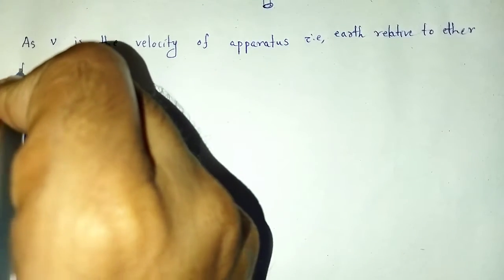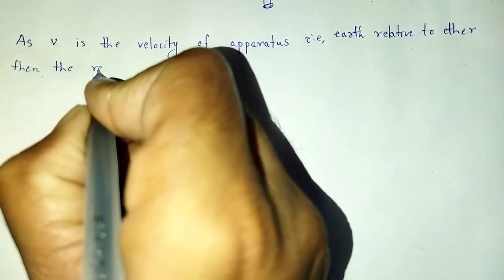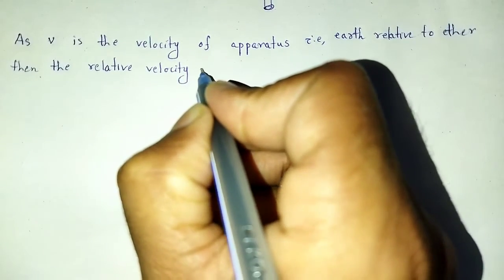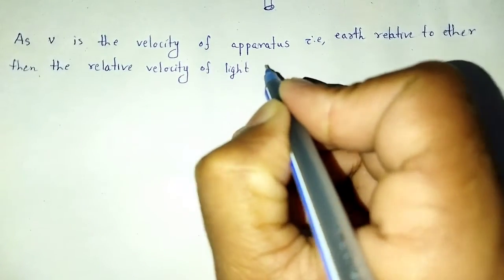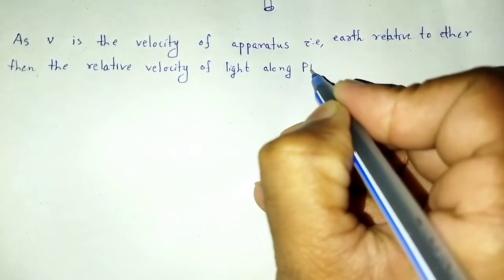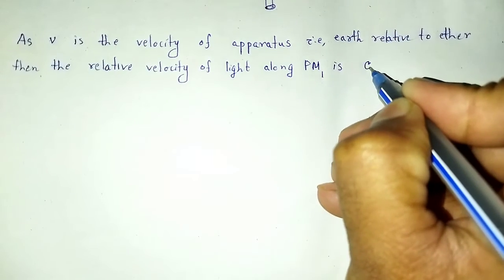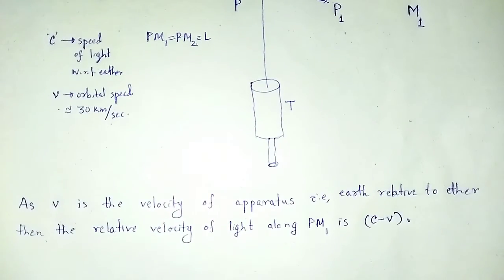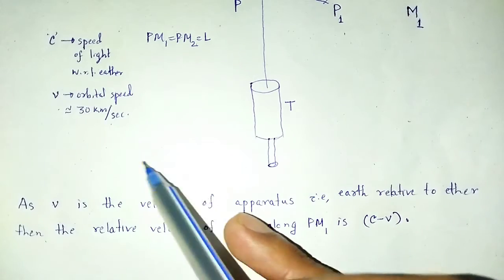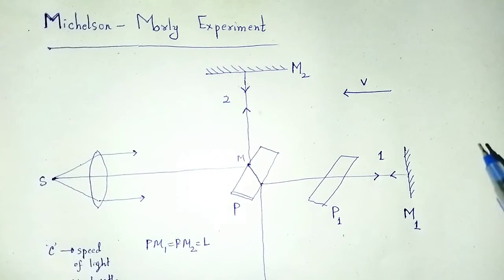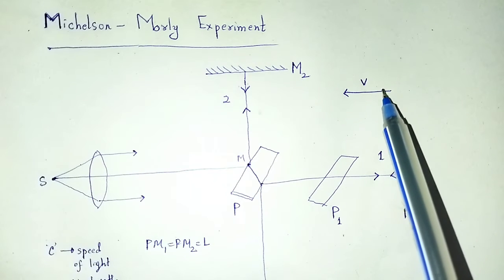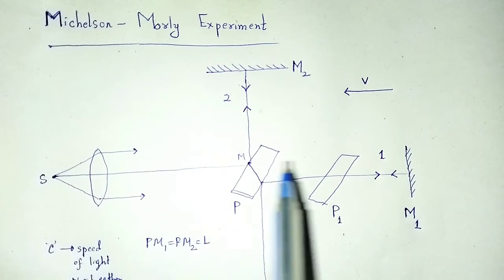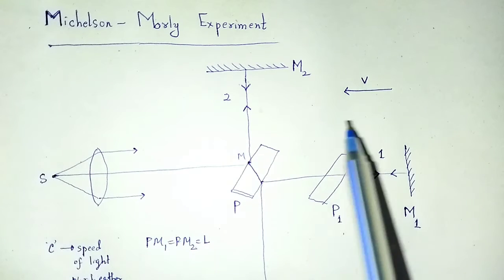then the relative velocity of light along PM1 is C minus V, since C is the speed of light with respect to ether and V is the orbital velocity, that is the speed of earth in that direction, and the velocity of light with respect to ether is in this direction.